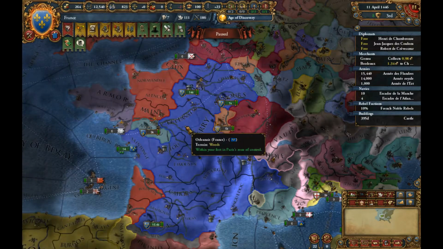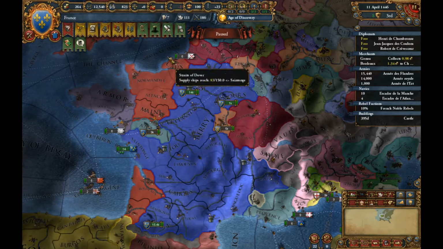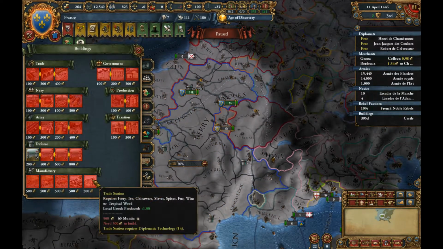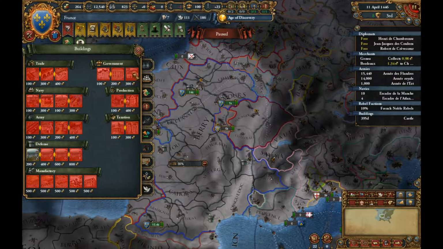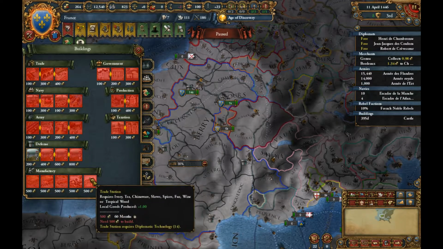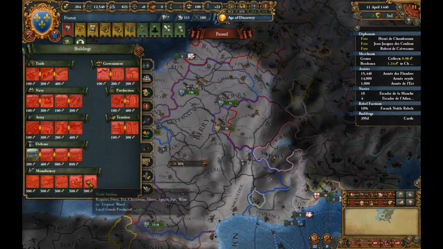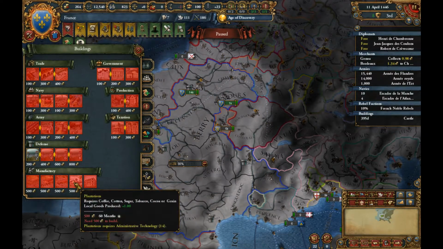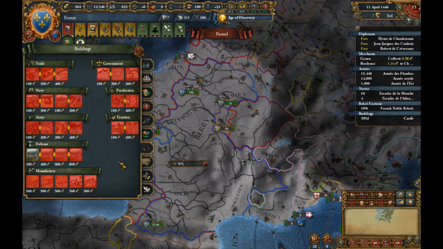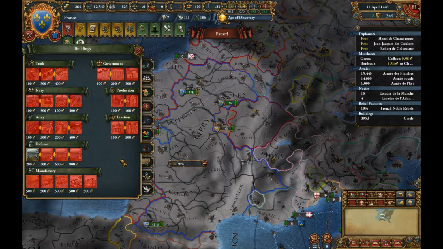And that's what a lot of people often forget. They only see the production boost. No, they also boost your trade, and significantly. If you have really strong goods in a trade node and you build a lot of manufactories, you can boost this trade a lot, really a lot.